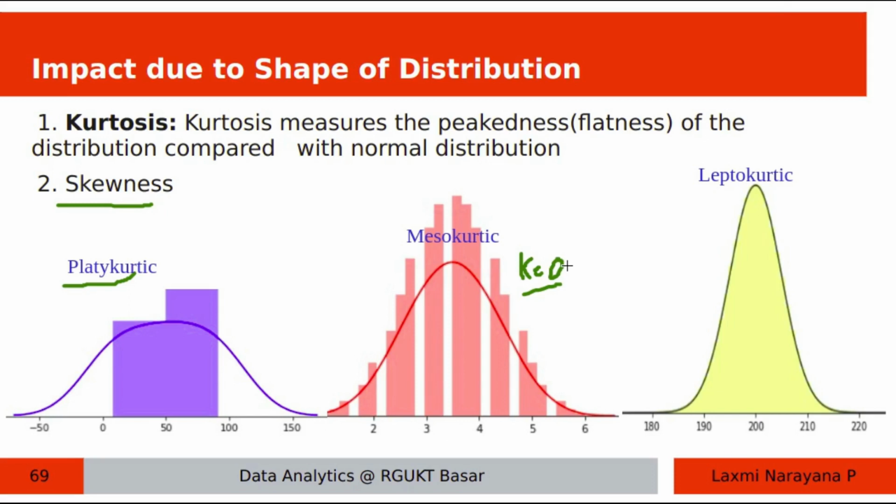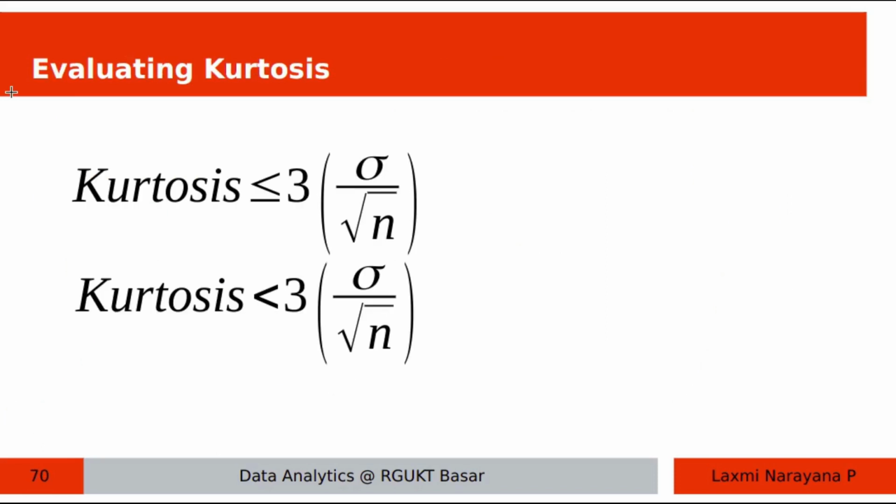Data that have outliers have large kurtosis. Data without outliers have low kurtosis like this. The kurtosis of normal distribution will be 0. The rule for evaluating kurtosis: if the absolute value of kurtosis is less than 3 times the standard error, then the kurtosis is not significantly different from that of the normal distribution.